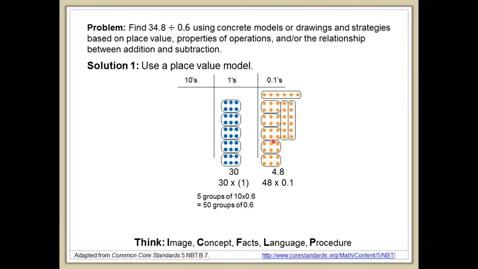And we just count these, and we have 8 of them. 3 and 5 gives us 8 groups of 0.6. So all in all, we have 50 groups in the 1s and 8 groups in the 0.1s. So we have 58 groups of 0.6, which means that 34.8 divided by 0.6 is 58.